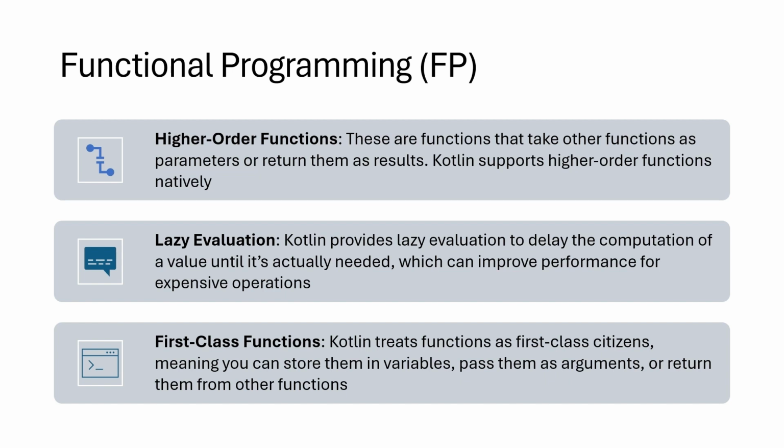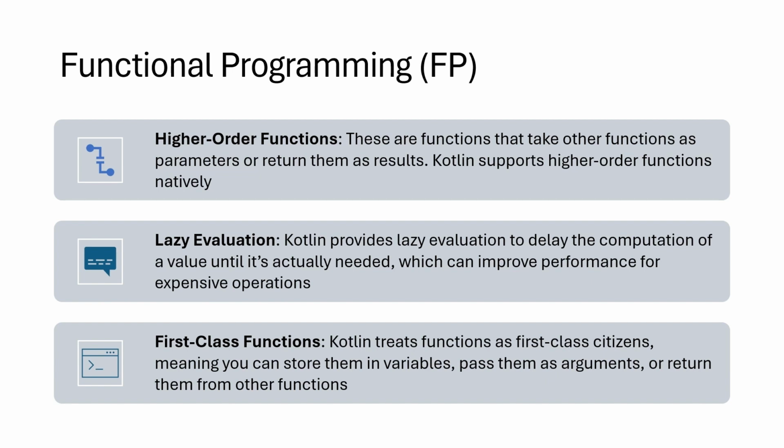So Kotlin supports higher order functions natively, and then we move to lazy evaluation. It's provided to delay the computation of a value until it's actually needed, which can improve performance for expensive operations. Last but not least, first class functions.